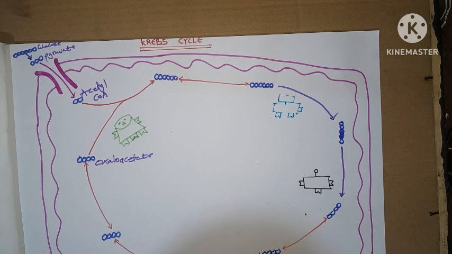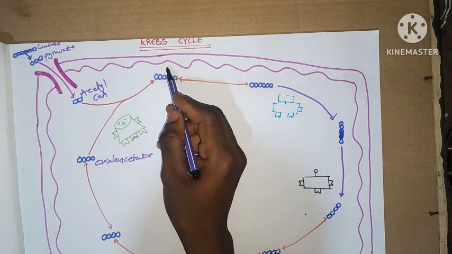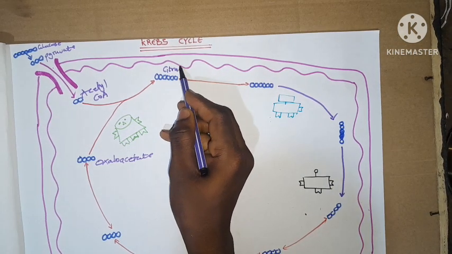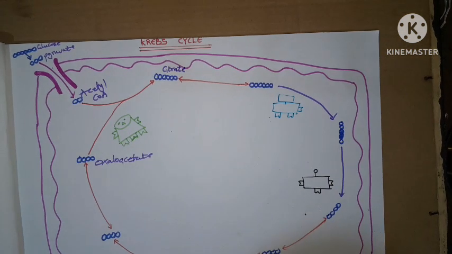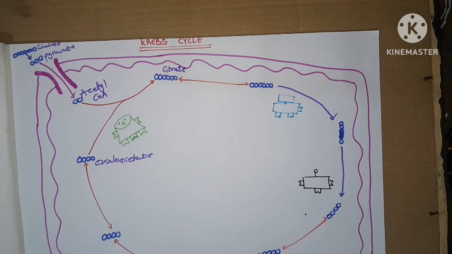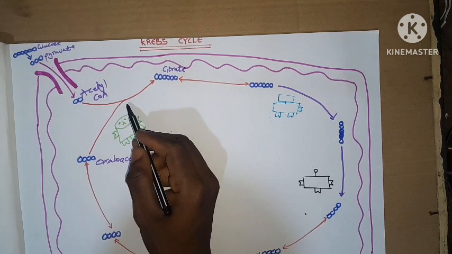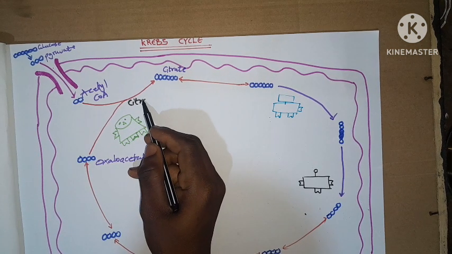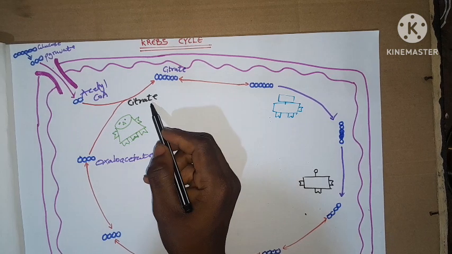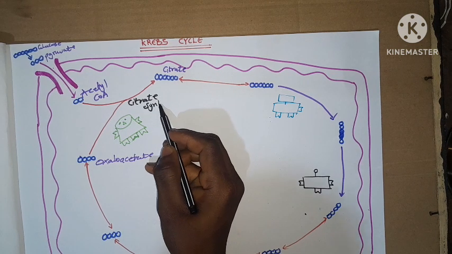This citrate is a 6 carbon molecule. And this is going to be catalyzed by an enzyme known as citrate synthase. So that's the name of the enzyme, citrate synthase.